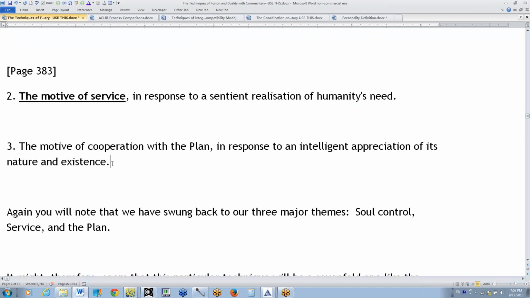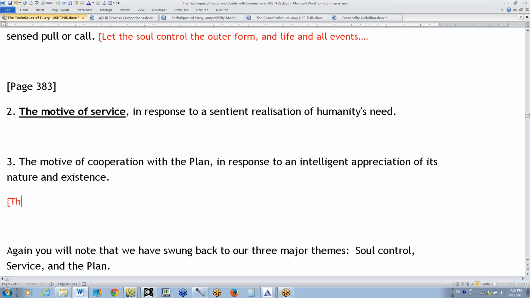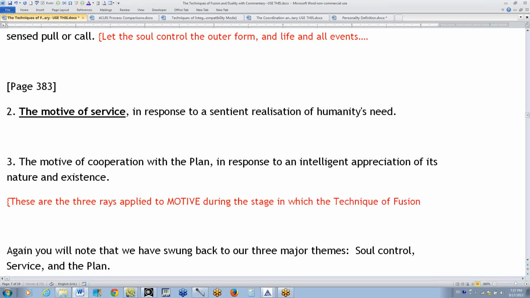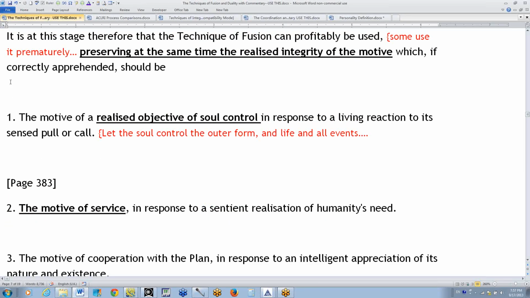I think he's just given us the three rays applied to motive during the stage in which the technique of fusion is being used. All right, the motive of a realized objective of soul control, that's the first ray.